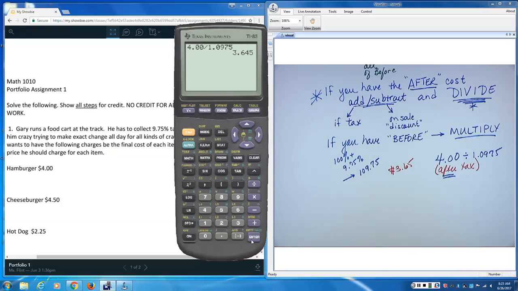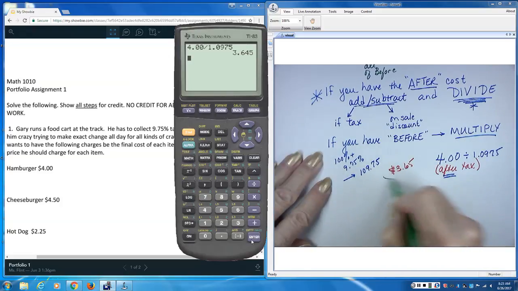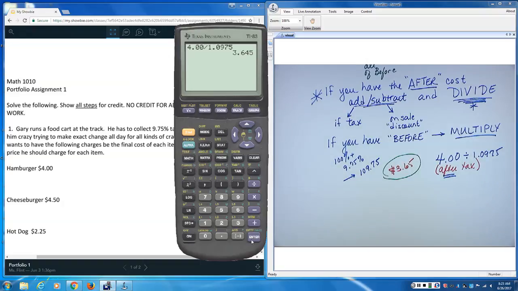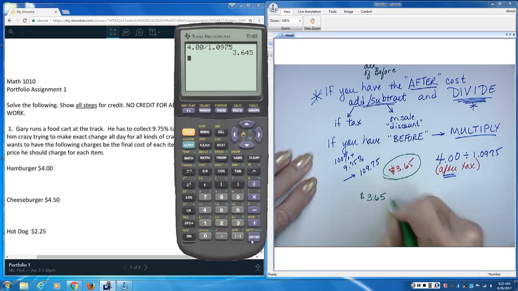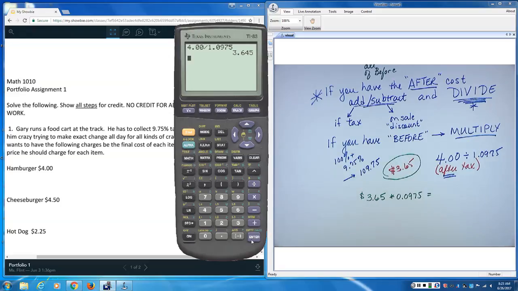Now, if you want to see if that makes sense, you take that $3.65 and you do what you know that they're going to do when you pay for the hamburger. They're going to say, okay, that's $3.65 times 0.0975 will tell you the amount of the tax.